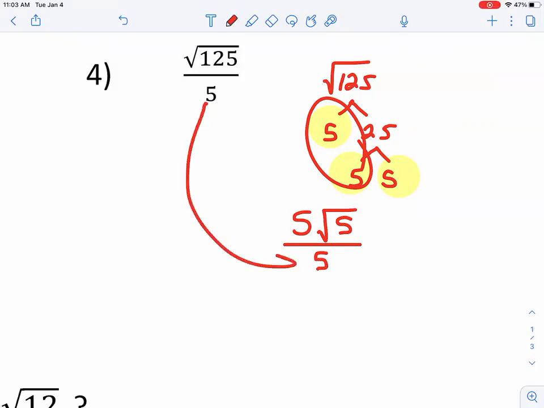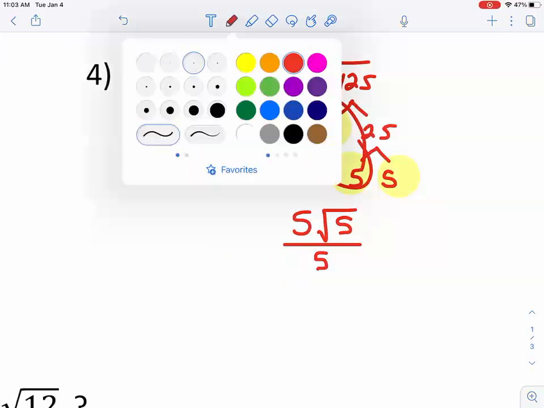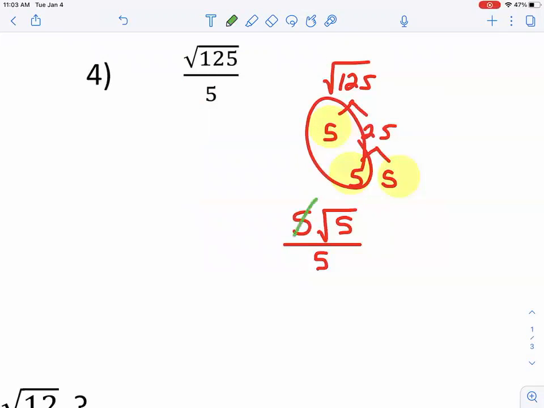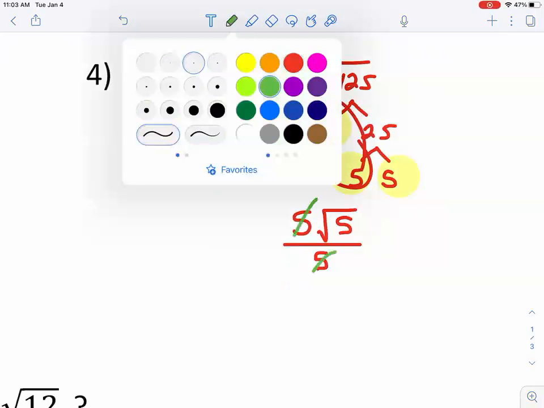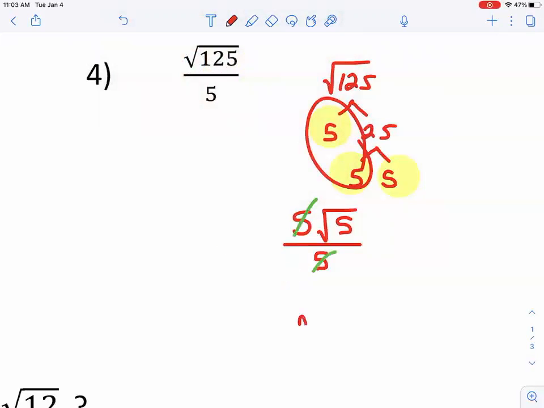Okay, because we have to put that bottom there. So we just did the top independently and then put it over the bottom. And now our 5s actually will cancel. And so our final answer is just the square root of 5.